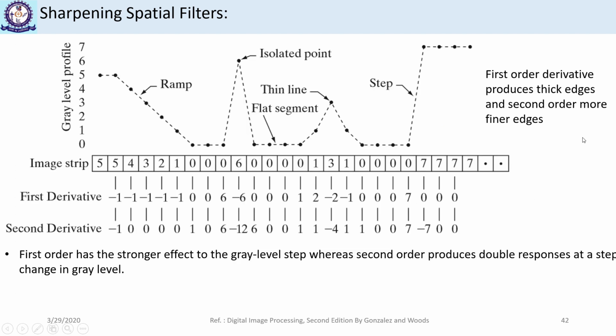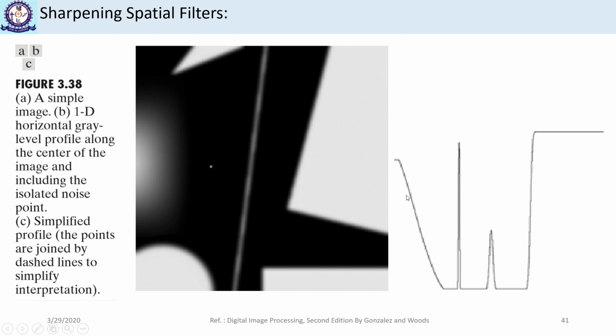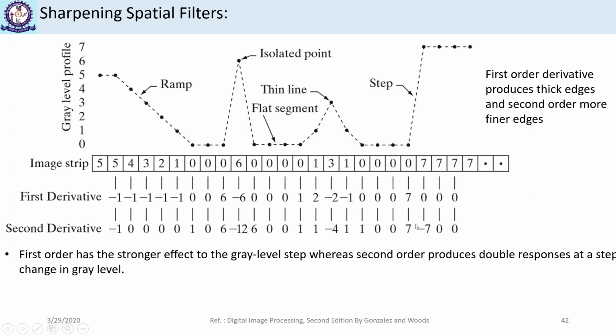Accordingly, since the intensity is decreasing, it is shown by this decreasing ramp. Then it is 0, then there is a high intensity for a particular pixel, so we have got it here. Then again dark pixels are represented. Then we have an edge there, and that edge is represented by this.